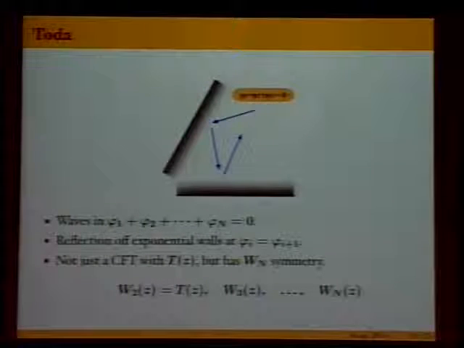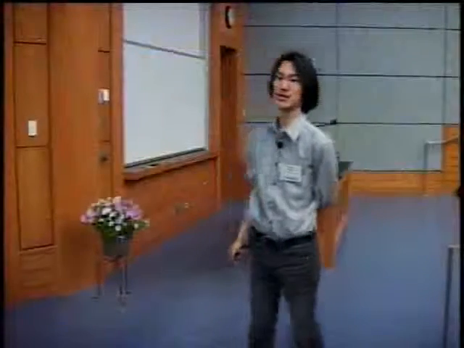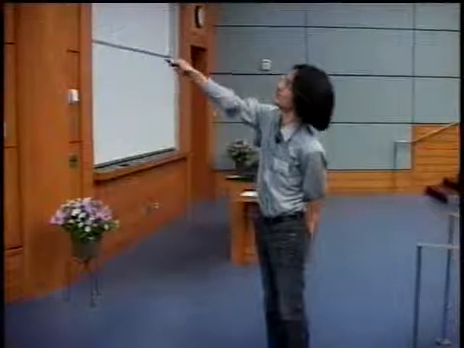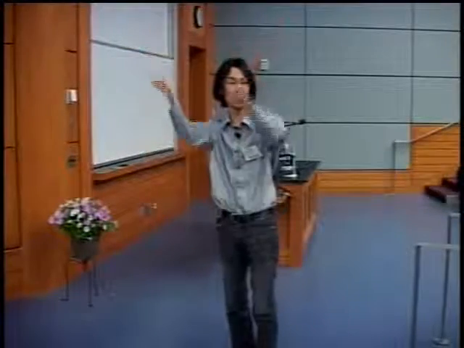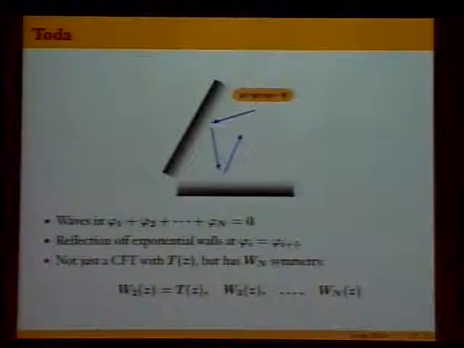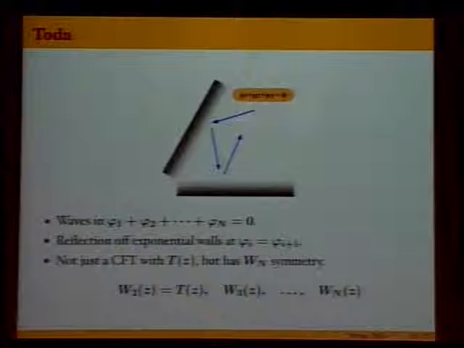And this describes a wave propagating in (n-1)-dimensional space, which is reflected off by a number of exponential walls. And the exponential walls are situated such that they mimic the structure of the Weyl chamber of the SU(N) Cartan algebra. So you can think of the wave as superimposed with its Weyl reflections.